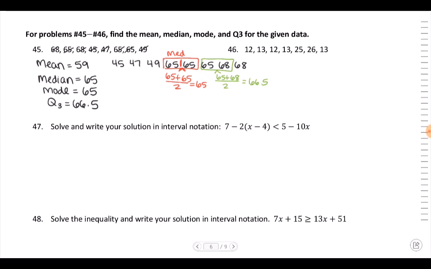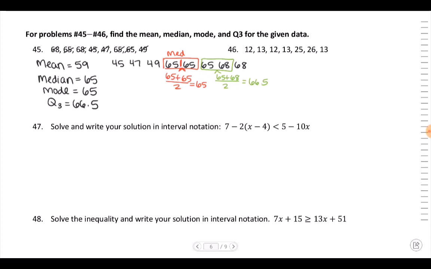Okay, so for number 46, I want to make sure that I did fix this on my review, which I believe I did. Okay, it's the same as the other. So same thing, you can use the calculator or you can do it by hand.